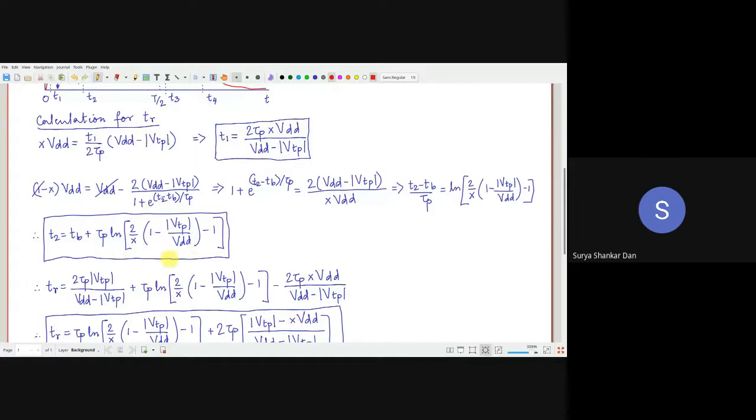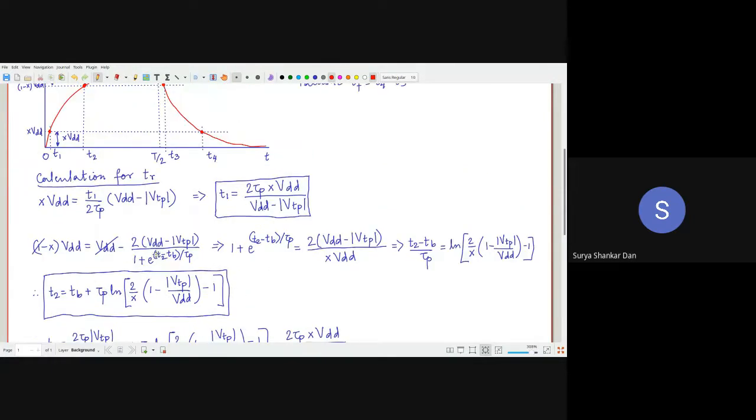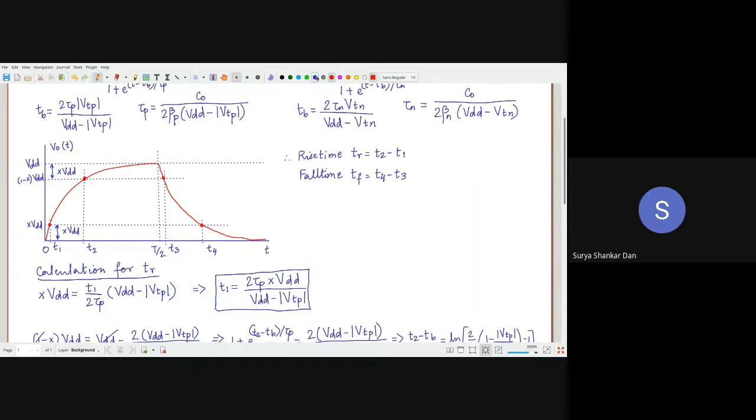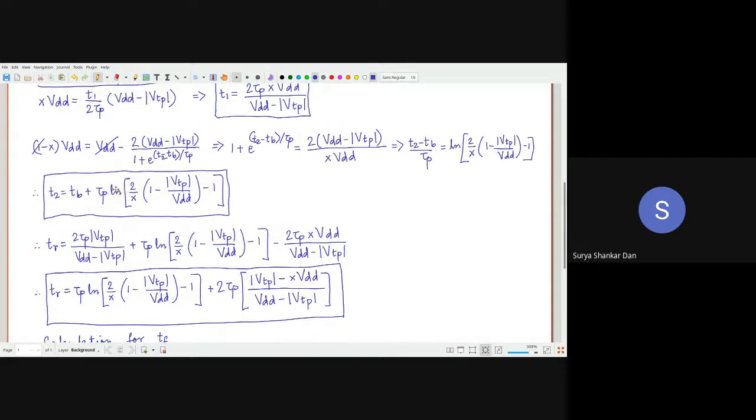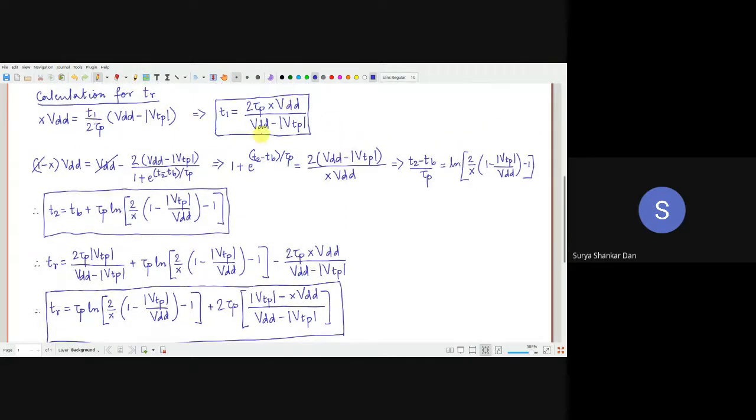Now, what is the final definition of TR? Here I should actually write it with the equivalent sign, because this is how it is defined. The rise time is defined as TR is equal to T2 minus T1. T2 we have got here, T1 also we have got here. So TR will be equal to T2 minus T1. I'm just copying this entire thing over here.